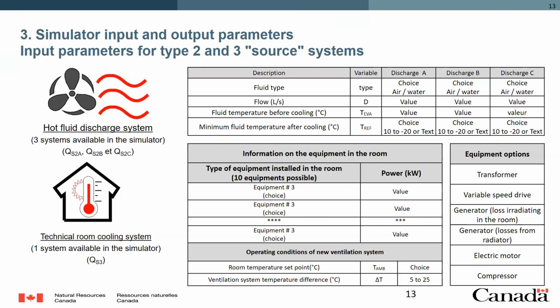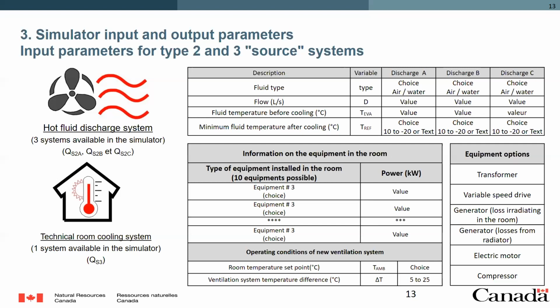And then the temperature before the cooling system and the temperature after the cooling system. So basically trying to identify the delta T and the flow in order to estimate the energy content.